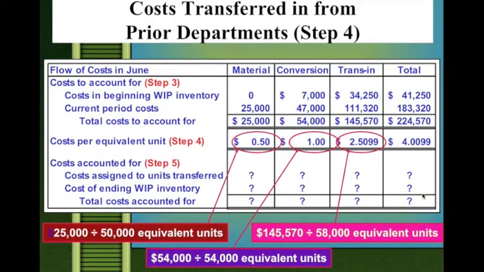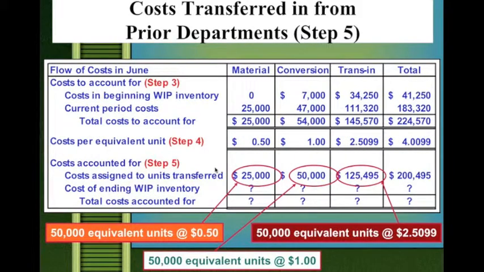So moving on, we can see the way we calculate our cost per equivalent unit is we just take the cost added divided by the equivalent units, and this is going to be all related to the units we just computed. And then cost assigned to units transferred, we're going to have 50,000 that got transferred out per each price.